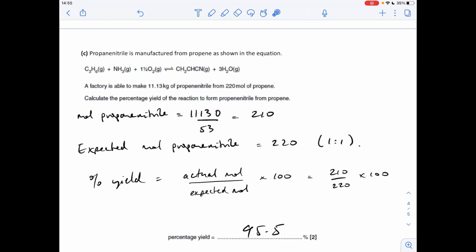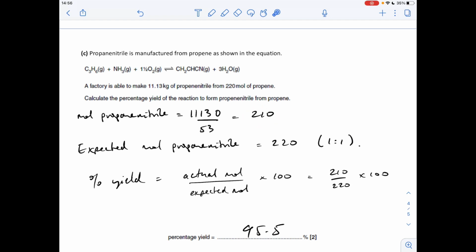Part C, percentage yield calculation. We're told that a factory is able to make 11.13 kilograms of propane nitrile, that's this stuff here, from 220 moles of propene. What's that as a percentage yield? So moles of propane nitrile first, mass over MR, but remember mass needs to be in grams, so we multiply that by 1,000 to put it into grams.